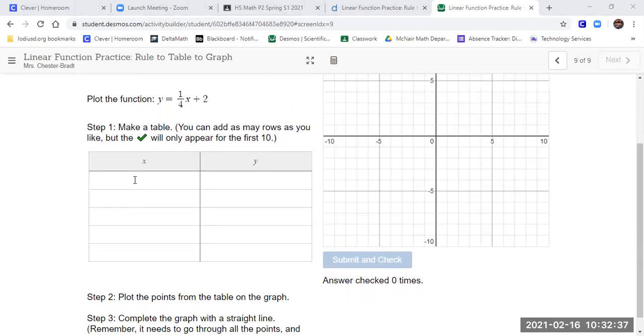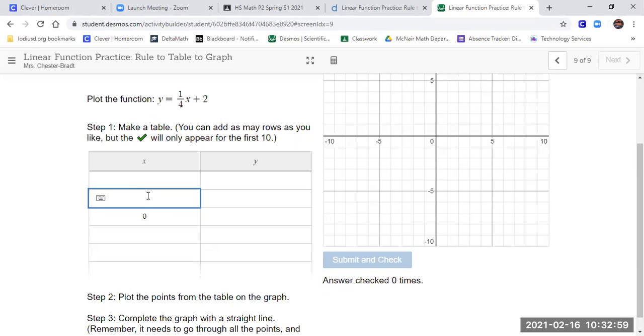What kind of x's should I be picking? Fours. So 0 always goes in the middle. So I'm going to put 0 in the middle. What's the first 4 before 0?